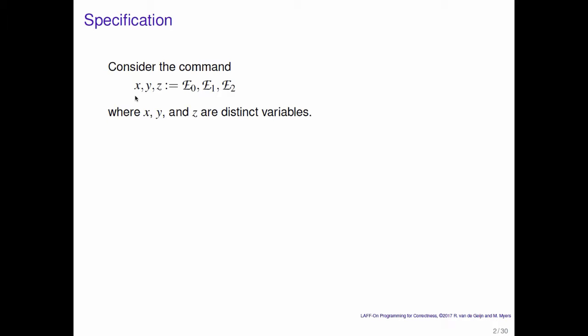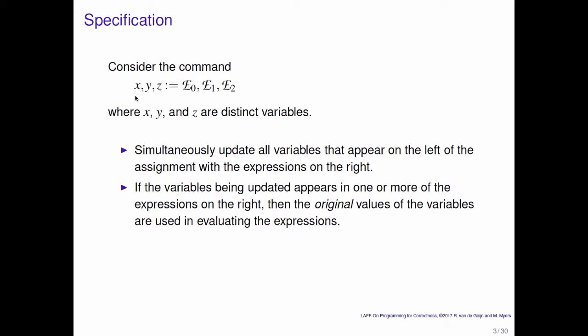Consider the command x, y, z simultaneously become expression 0, expression 1 and expression 2, where x, y and z have to be distinct variables because otherwise you don't know which expression actually gets assigned to the variable that's repeated. So what does this do?